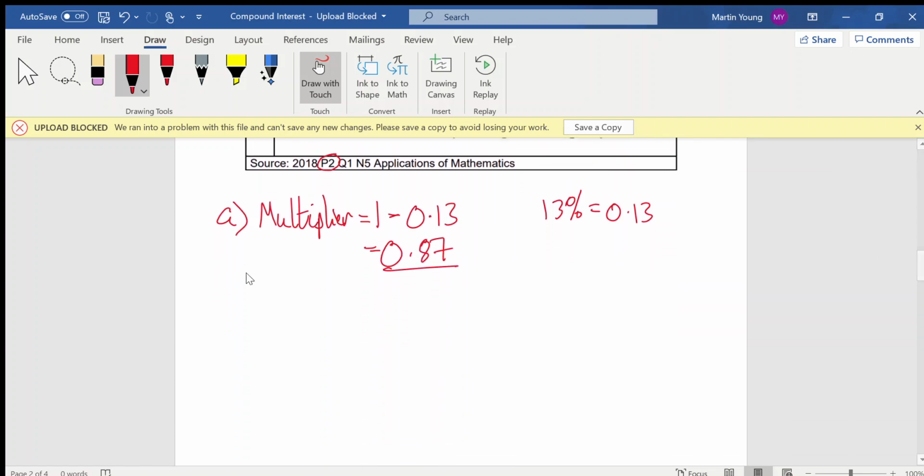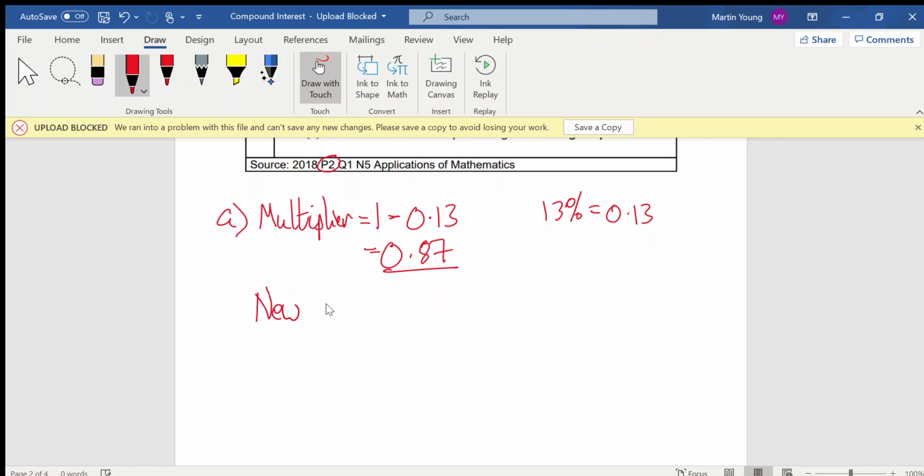So let's work out the new value, which is going to be that multiplier to the power of 3 times the initial value, which is 14,000.